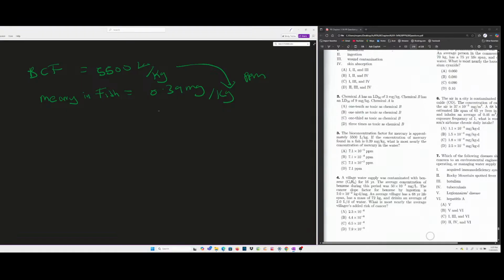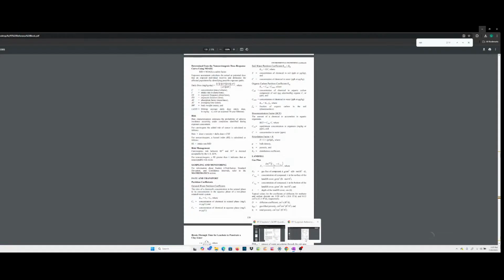The first thing we know is BCF from our FE handbook. BCF is the concentration of the organism at equilibrium over the concentration in water.